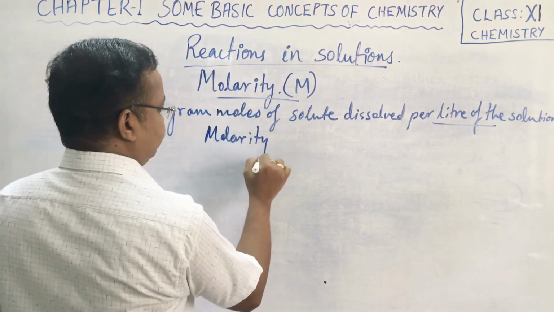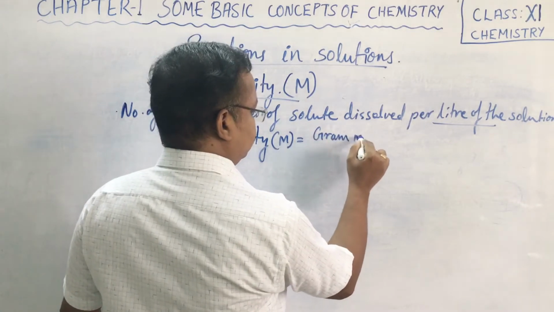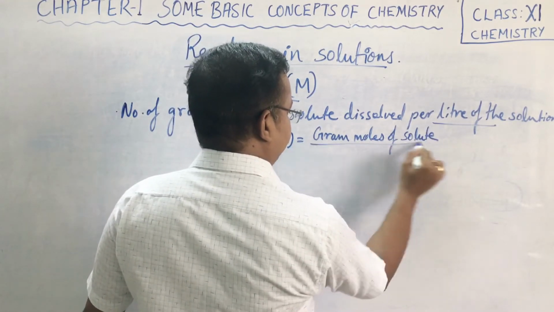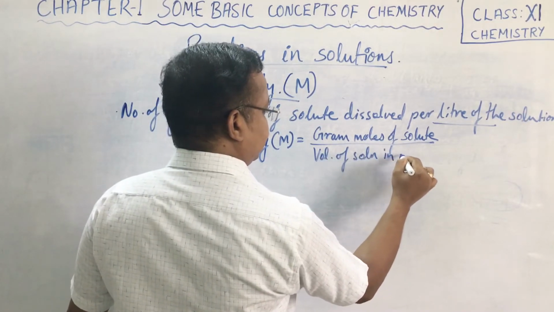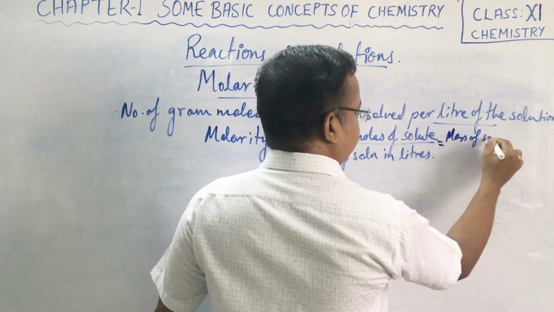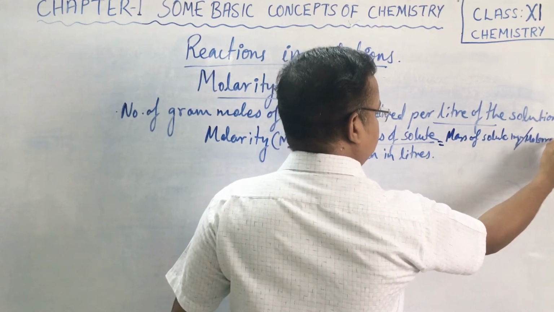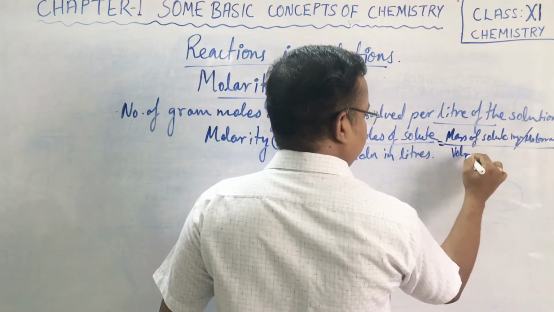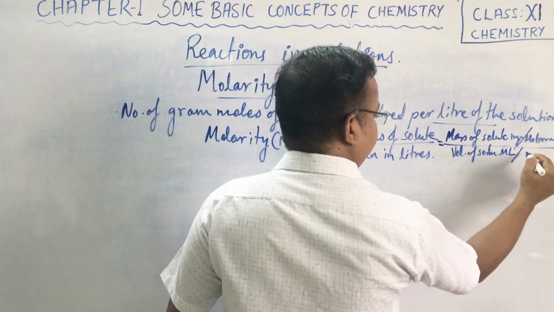That is, molarity M is equal to gram moles of solute divided by volume of solution in liters, which is equal to mass of solute in grams divided by molar mass of that substance, divided by volume of solution in ml divided by 1000.